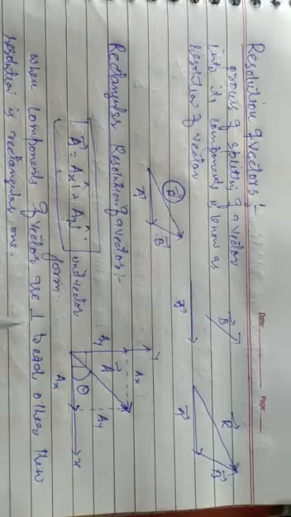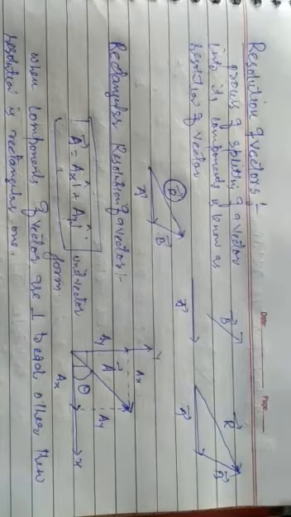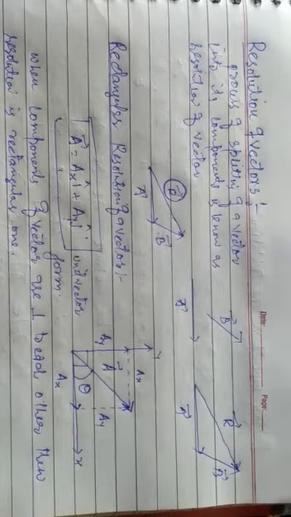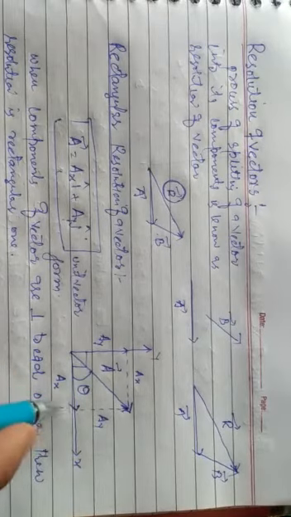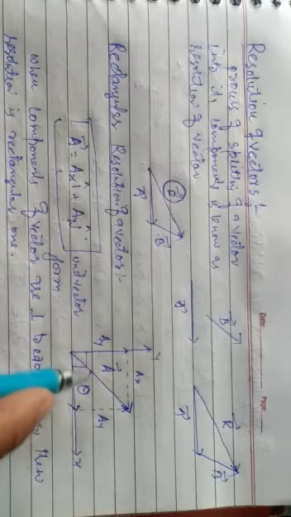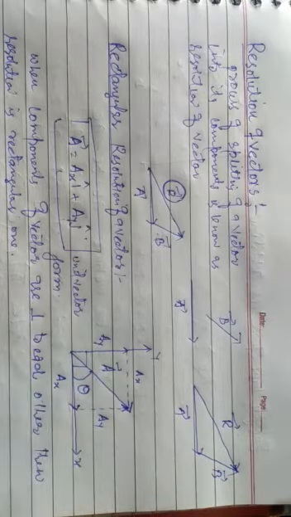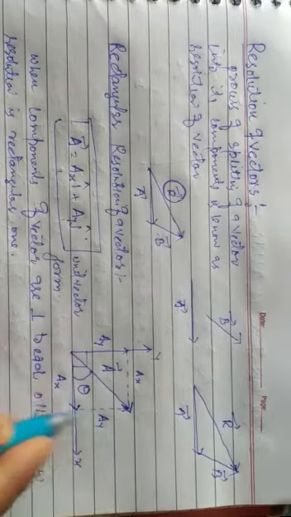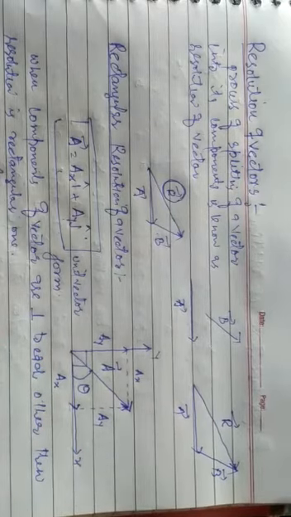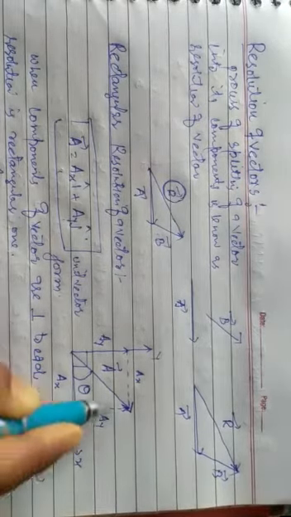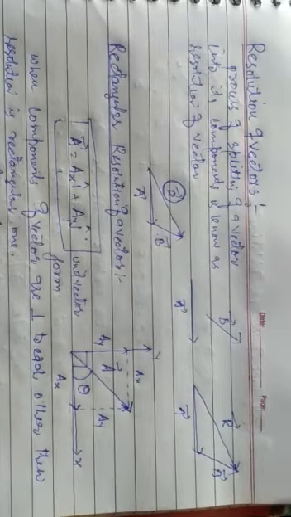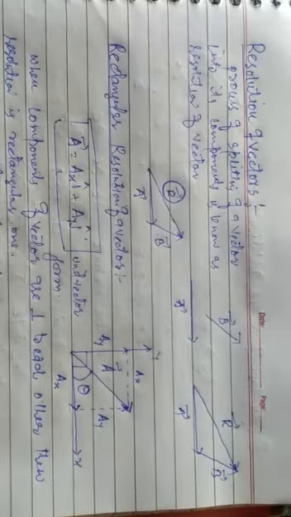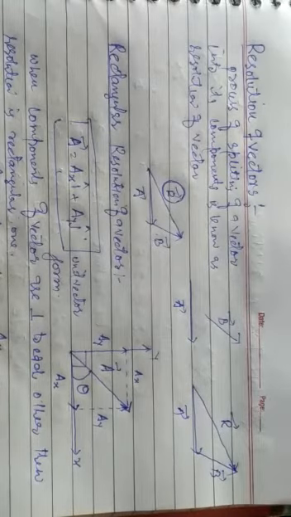Now if we have to calculate the magnitude of a, we can calculate it like this. In this right angle triangle we have sine theta as well as cos theta. Sine theta is equal to perpendicular over hypotenuse, that is a_y by a, and cos theta is equal to a_x by a.